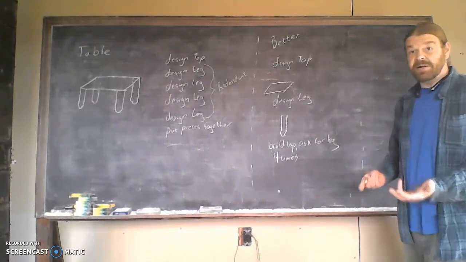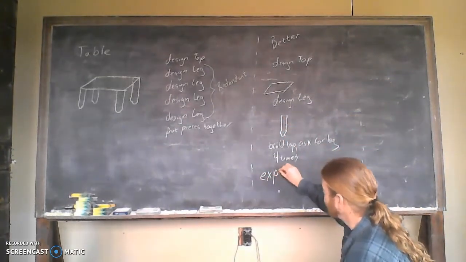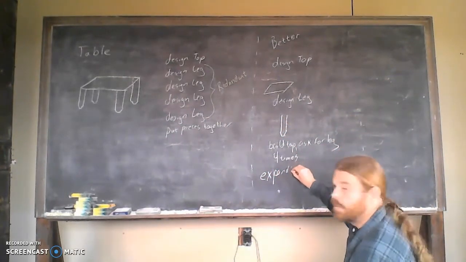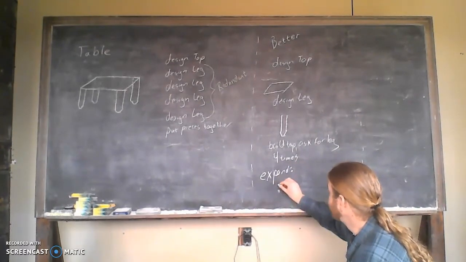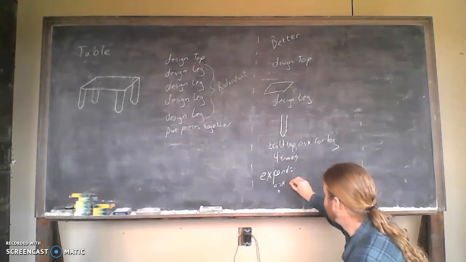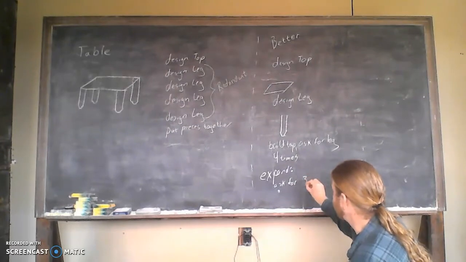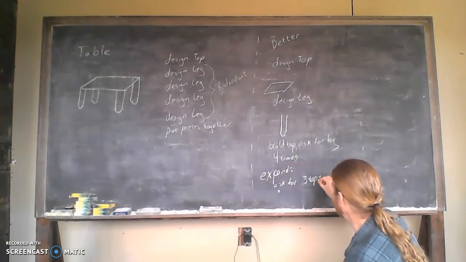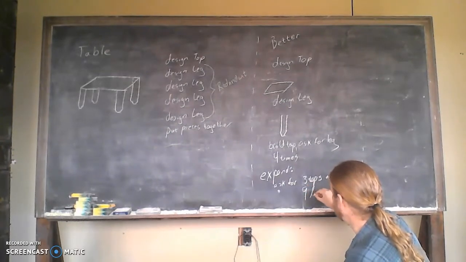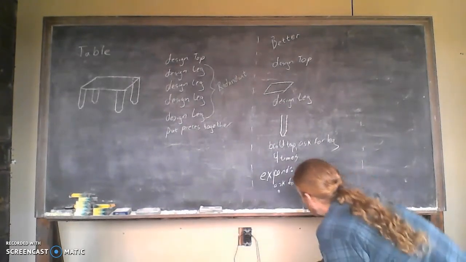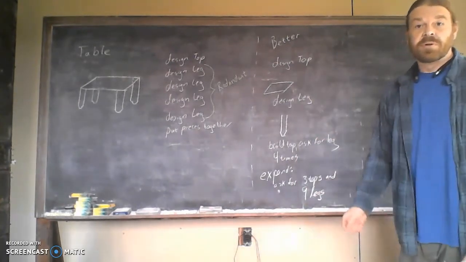And allow for expandability, right? We could expand it at that point. We could ask for, I don't know, 3 tops and 9 legs. Make a really big table without having to design anything new.